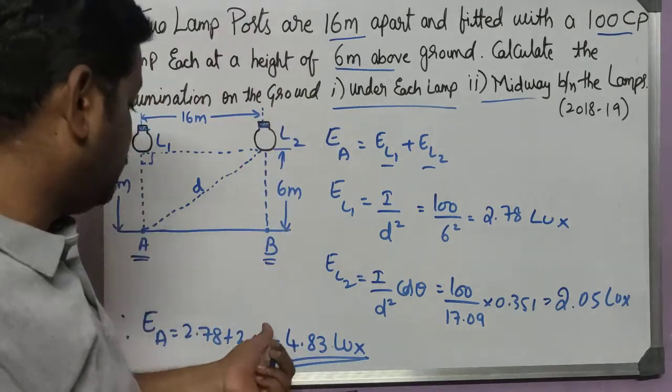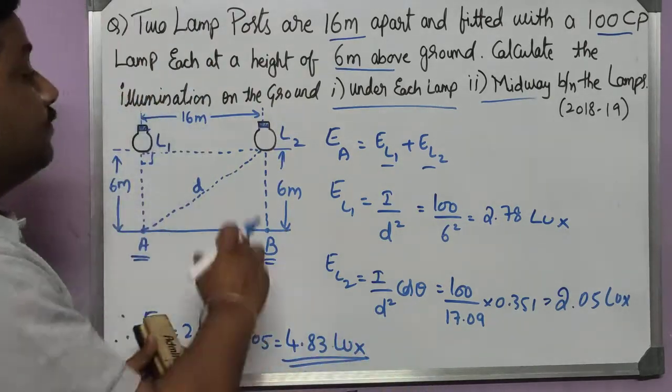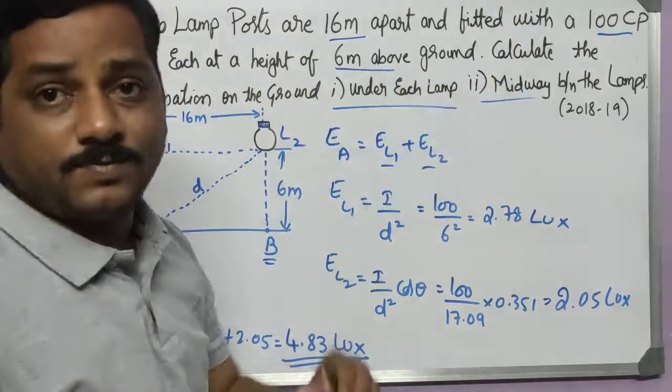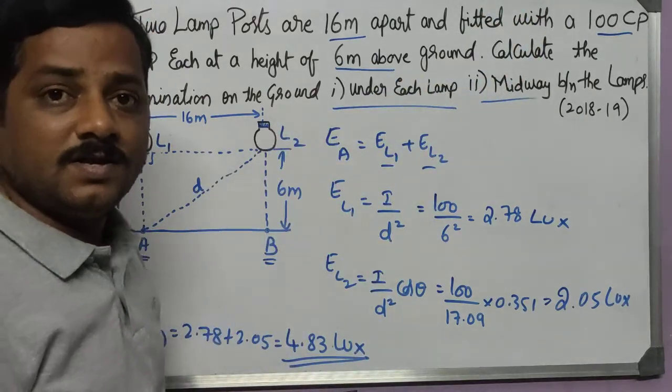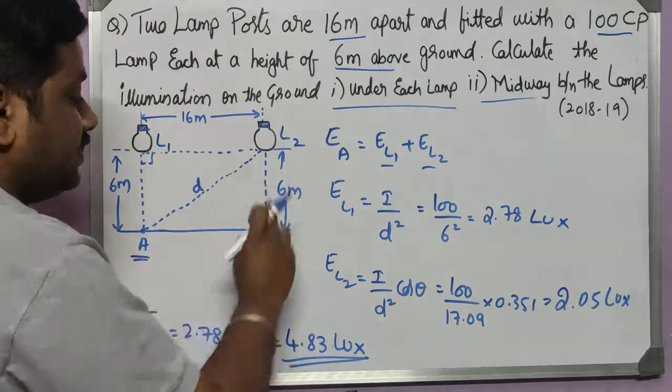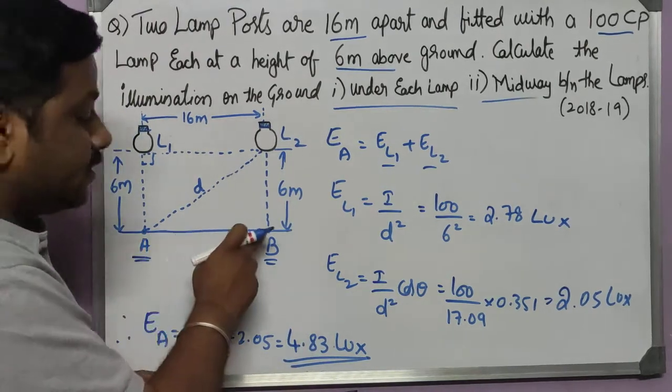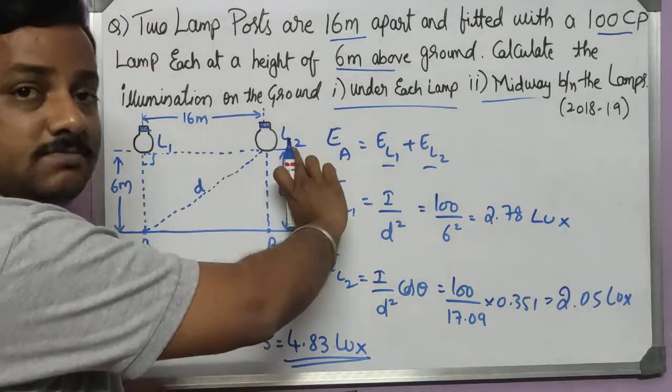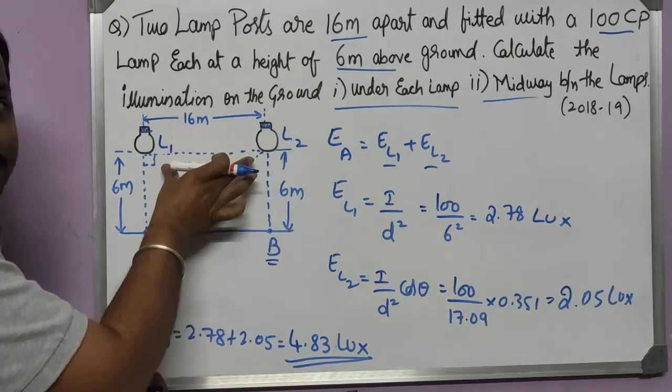So we get the value D, a similar value here, and both these lamps are made up of 100 candle power, meaning the capacity is also the same. Even the effect of light I get here, the same condition we get here because of the same distance and the same spacing, right?